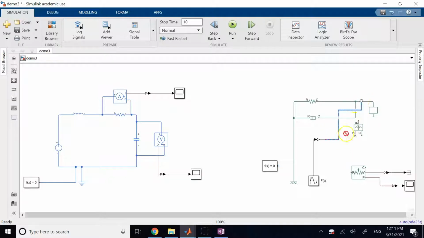Okay, let me make sure. So if you saw, I could not directly connect it to my block. Why? Because this block converted to a physical signal, but I cannot directly apply it on the mass. I have to apply it to the mass through a block called ideal force source.